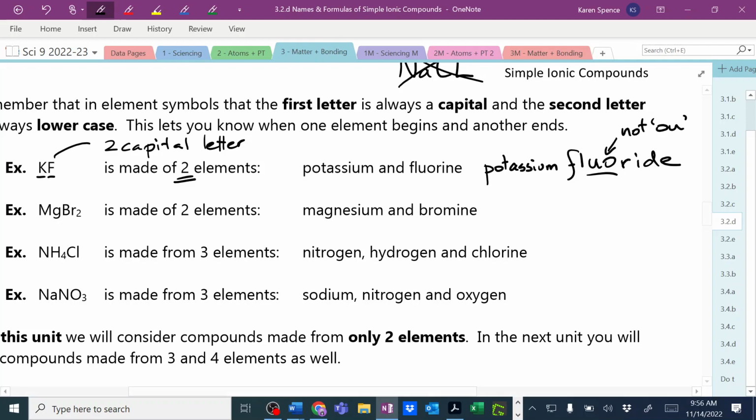Magnesium and bromine, we have 1 capital letter, 2 capital letters. So it's made of 2 elements. What would the compound name be? Tell your partner, what is the compound name for MgBr2?